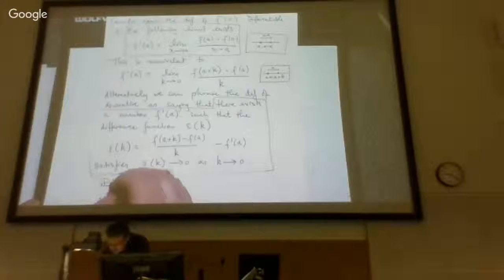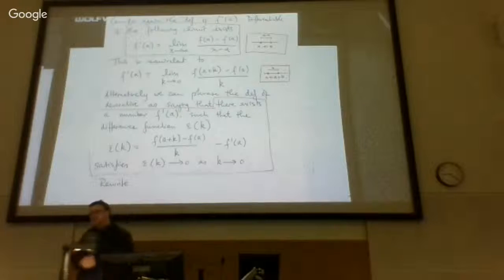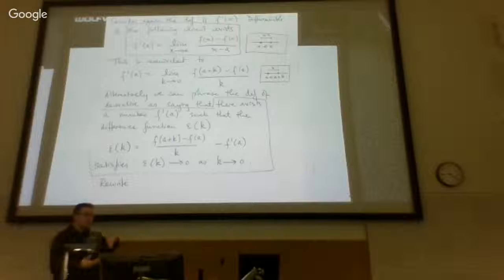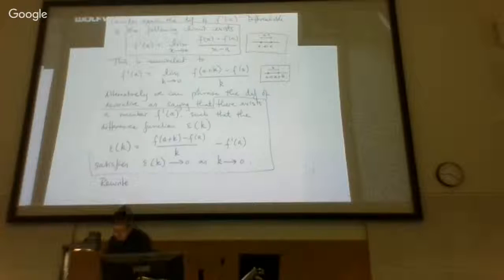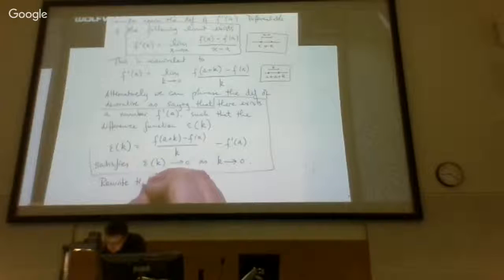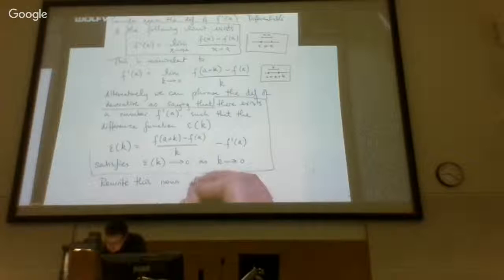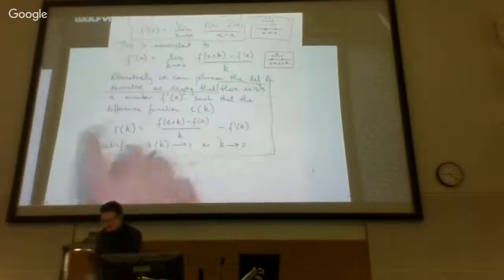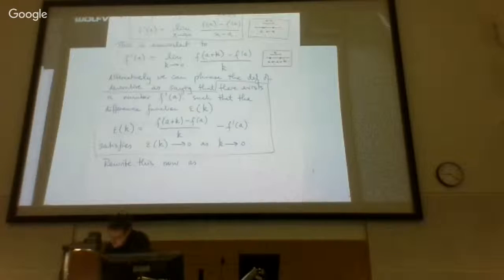And so we rewrite again, and the way we're going to rewrite it now will be quite interesting and quite informative. We're just going to cross-multiply some parts and move some stuff around.